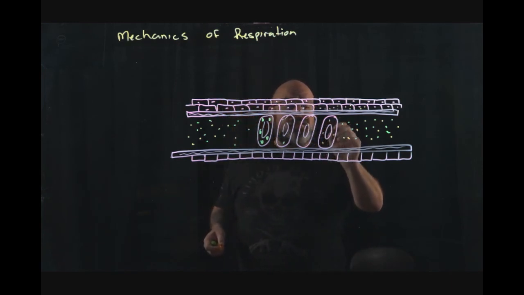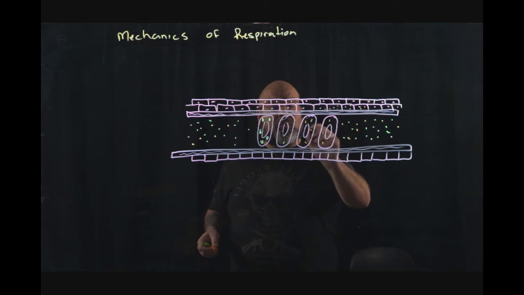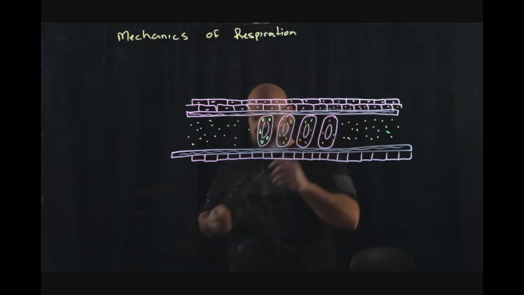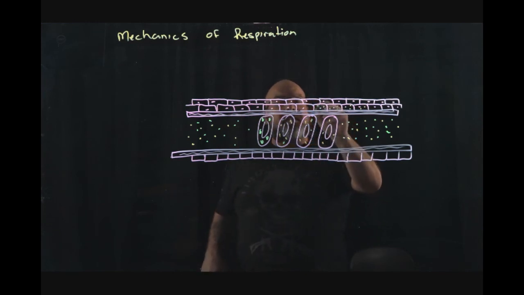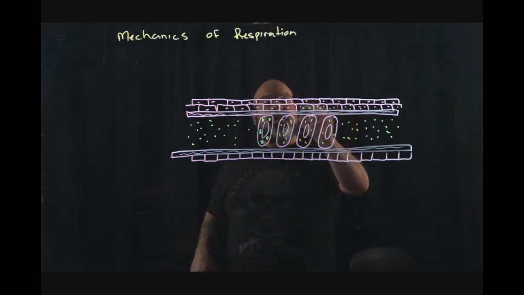So our red blood cells will attach CO2 and transport that. It will also take CO2 into the plasma as part of the buffer system. Carbon dioxide in the blood plasma is not a bad thing.